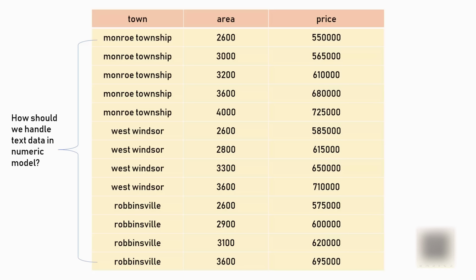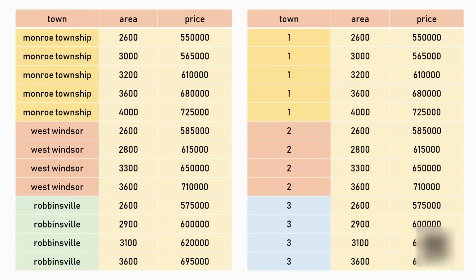So one way to do this would be to use integer encoding or label encoding, where you convert name of the town to a specific integer number as shown in the grid on the right hand side.